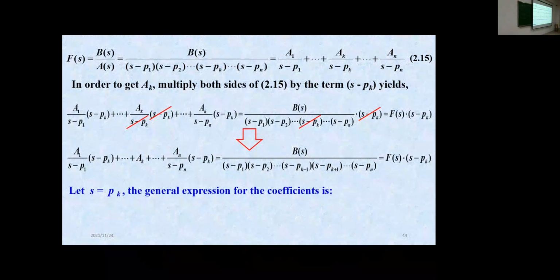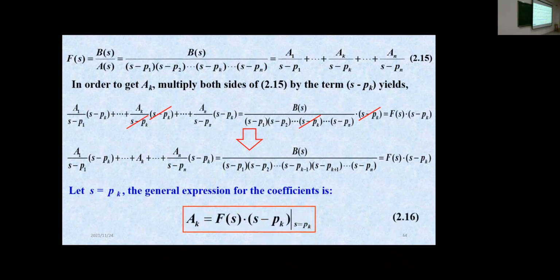So the general expression for the coefficients is: finally, we have this, just left Ak, equal to the limit of F(s) times (s minus pk), and at this point s equals pk. It can be the first numerator over the second, the last one.